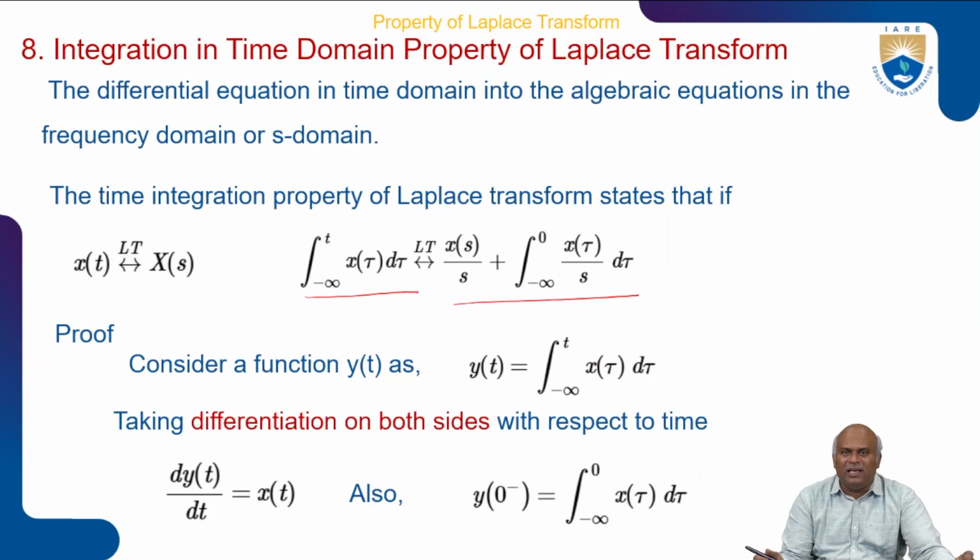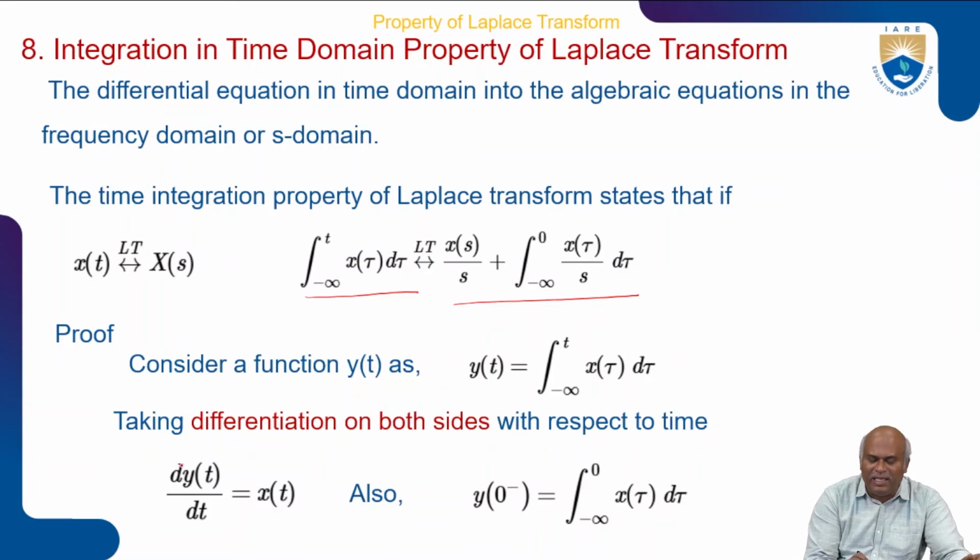I consider the function represented as y of t. The y of t is equal to the integration from minus infinity to t of x of tau d tau. Taking the differentiation on both sides with respect to time, this means d by dt of y of t is equal to x of t.